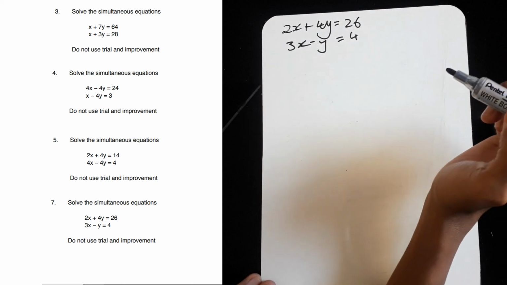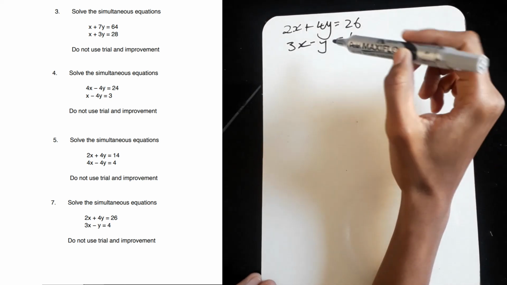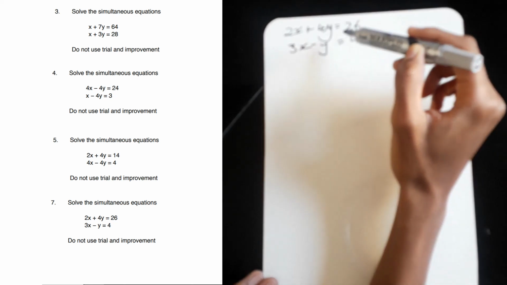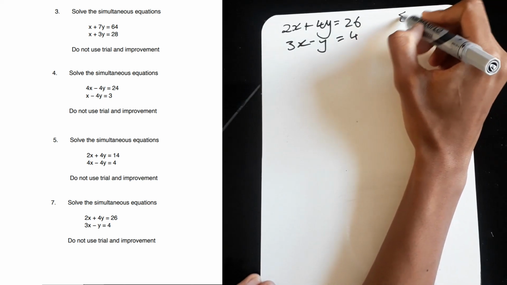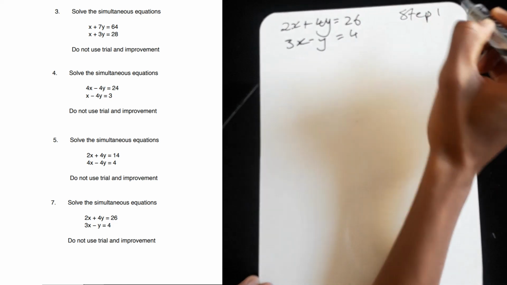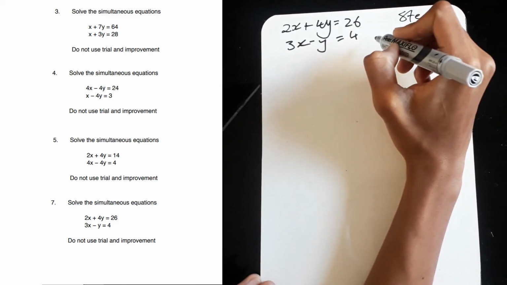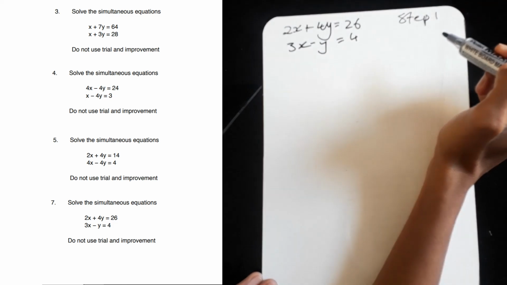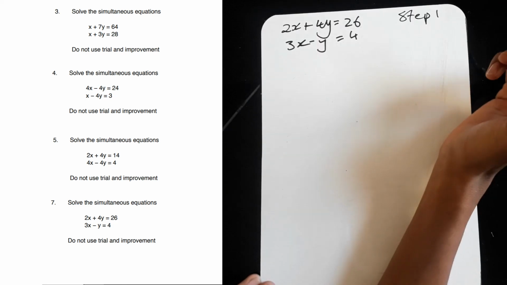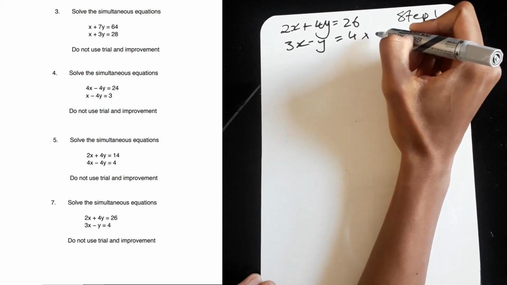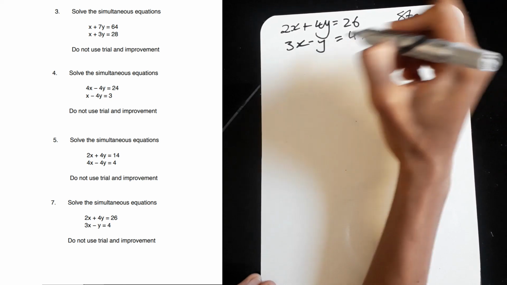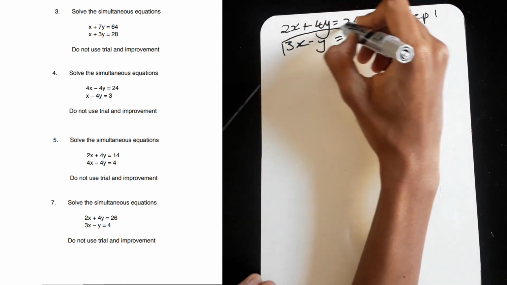Okay, now for this one, because none of the variables are the same, for the first step, we're going to have to multiply. So step 1, we multiply to make one of the variables the same. So we're going to get rid of y. I choose to get rid of y, so I'm going to have to multiply this bottom one over here by 4.